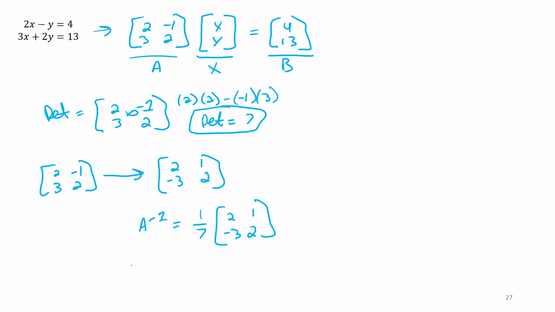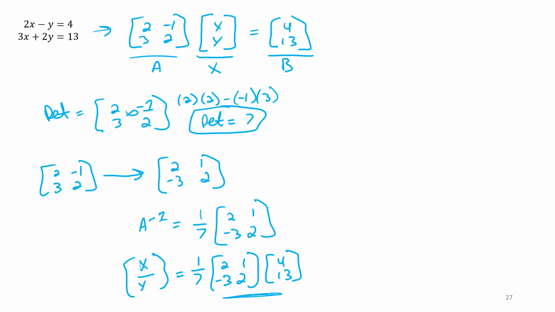So we can rewrite it, and we would have our x, y matrix, our 1/7, our second matrix, 2, -3, 1, and 2, and then our B matrix, 4 and 13. We're going to multiply these two matrices first before we distribute this 1/7 over.